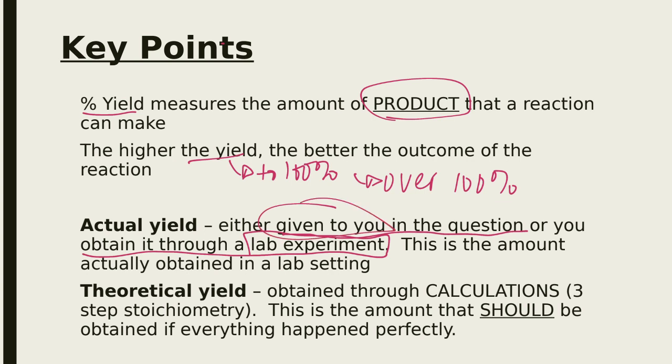Okay, so you have to be given that value. So it'll be an extra mass value that is in the question. And then a reminder that the theoretical yield is obtained through calculations. Now I have 3-step stoichiometry here, but it could be 4-step if you have a limiting reactant question. Okay, so it'll be through our either 3 or 4-step stoichiometry process.